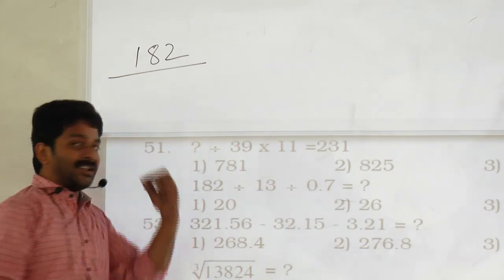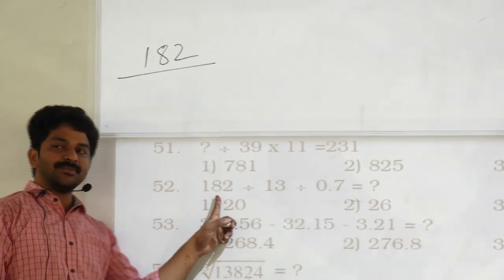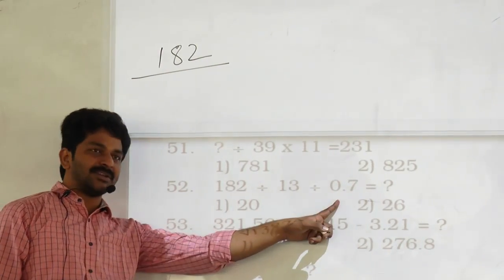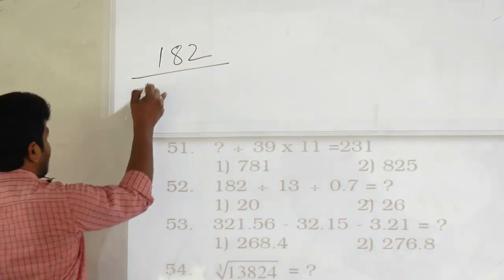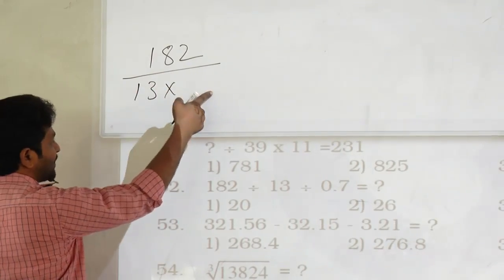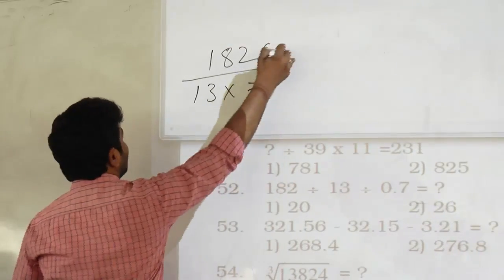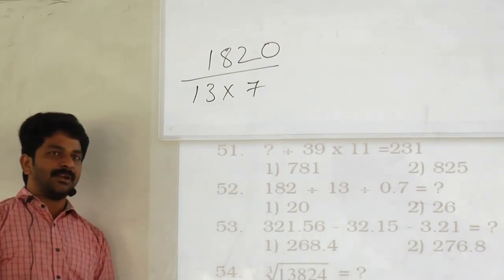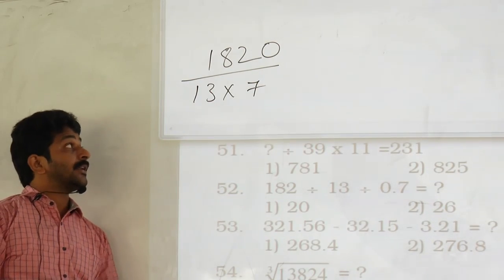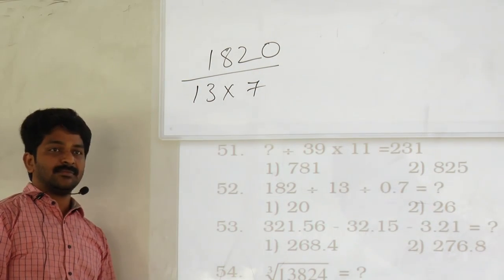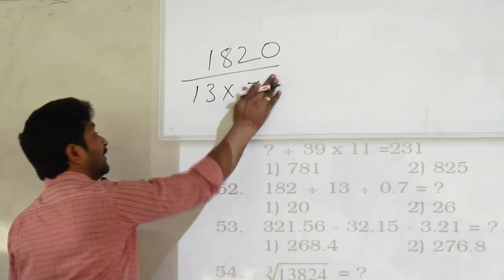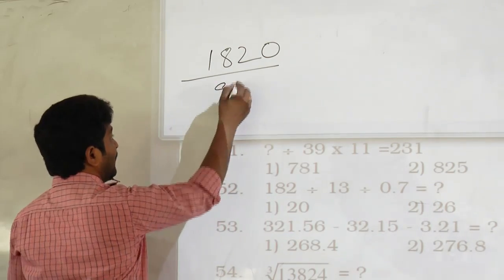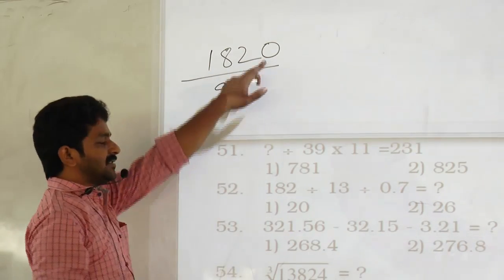When you have continuous division, the first number comes in the numerator and the remaining numbers come in the denominator. So that is 13 into 0.7. We'll write 0.7 as 7 by 10. Denominator in the denominator comes to the numerator. 13 7 times. 91. 91 2 times and then 0. 20.